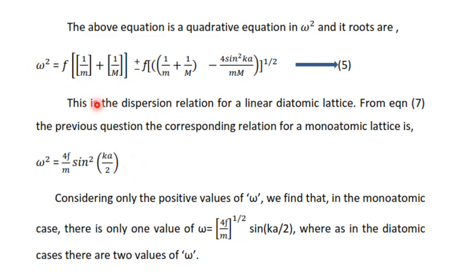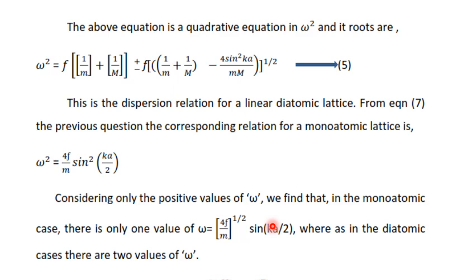Now the dispersion relation for a linear diatomic one-dimensional lattice is this equation. But in the case of monoatomic, only one case arises, that is omega equal to 4f by m whole power half sin Ka by 2. So this is the only case in the monoatomic.